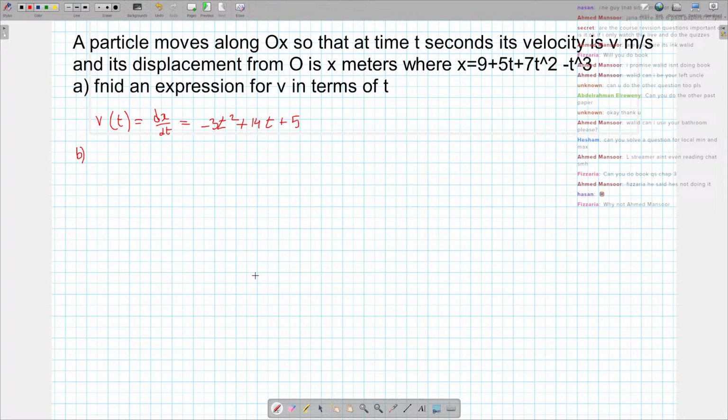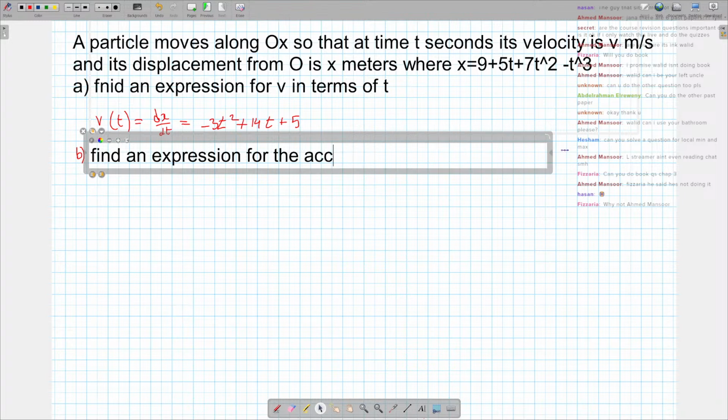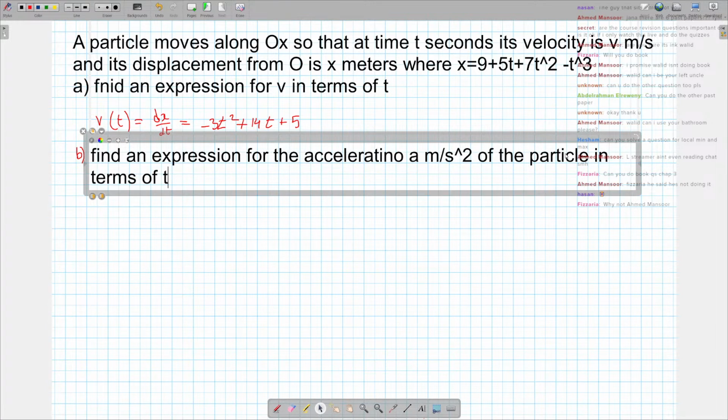Part B, they said find an expression for the acceleration a meters per second squared of the particle in terms of t.